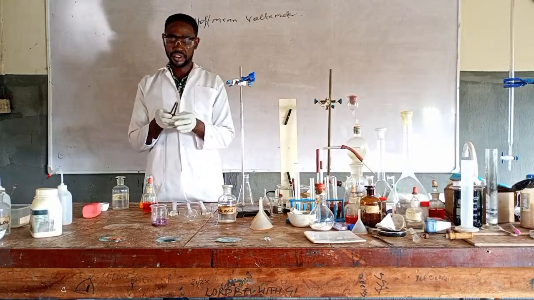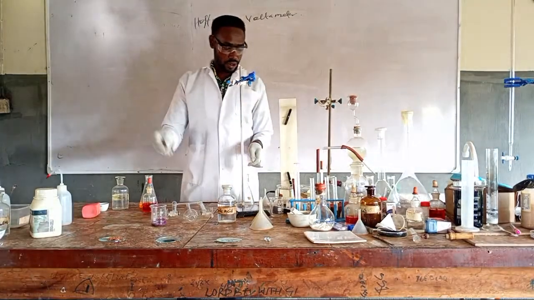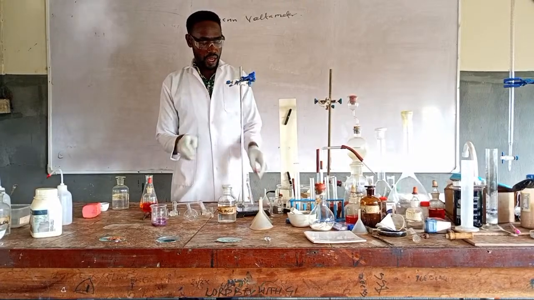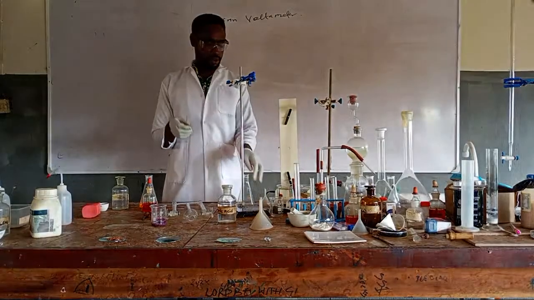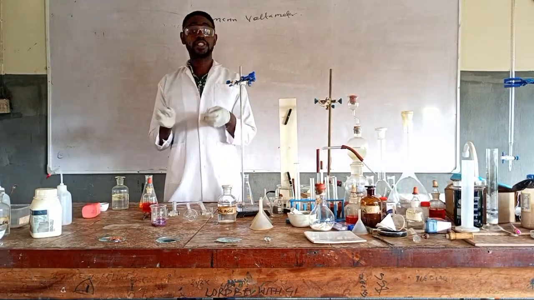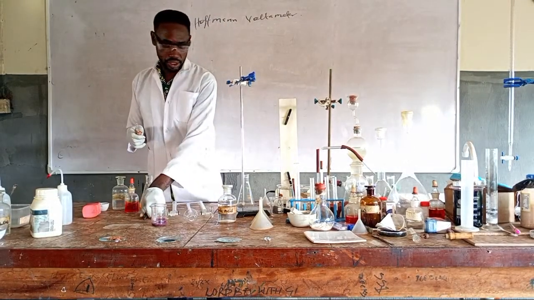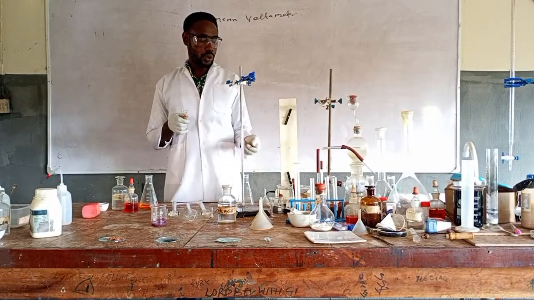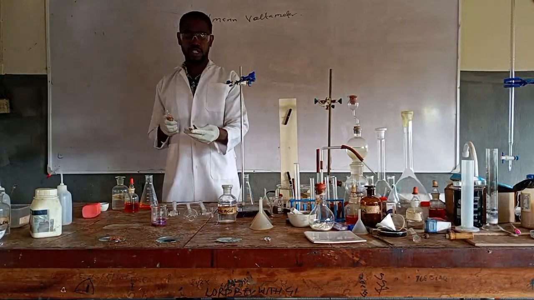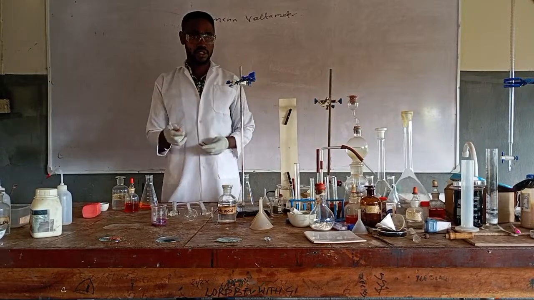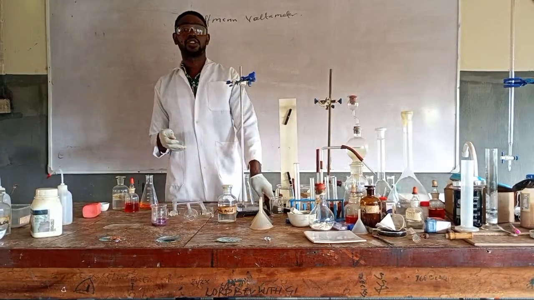So this is a graphite electrode. It conducts electricity. Another one here is the platinum electrode. Today we will split water to give us oxygen and hydrogen. In that splitting, we wouldn't use graphite because the oxygen released will attack the graphite. So platinum is the best to be used.